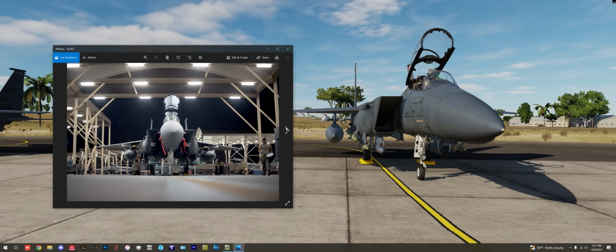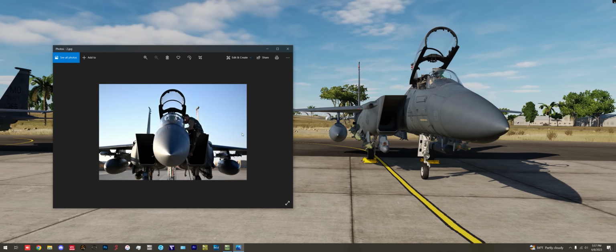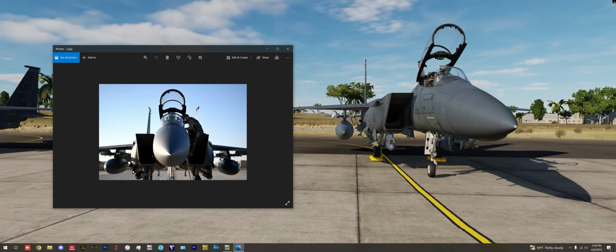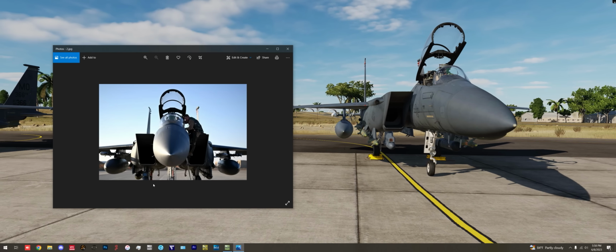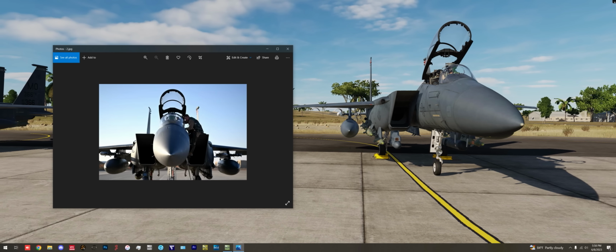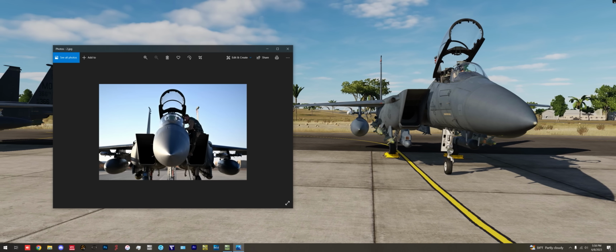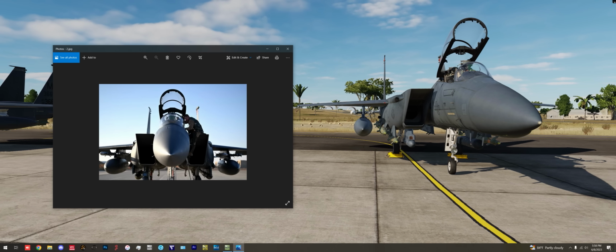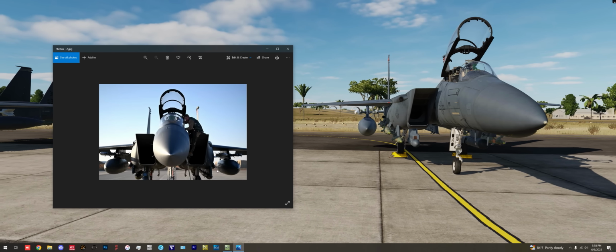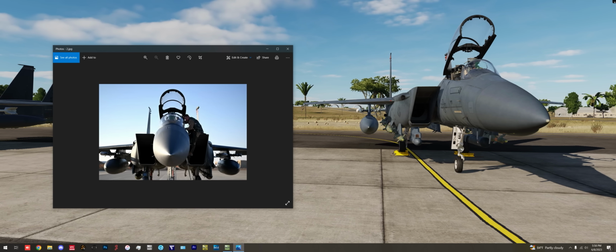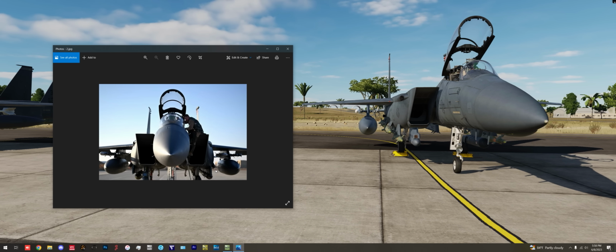Moving on, we can see here that we have a bit of an exception to that rule. We've got an AIM-9 Sidewinder on the inboard station over on this side, and we've got an AIM-120 on the inboard station over on this side. We can also see that there's no weapon attached to the upper CFT station on this F-15E.